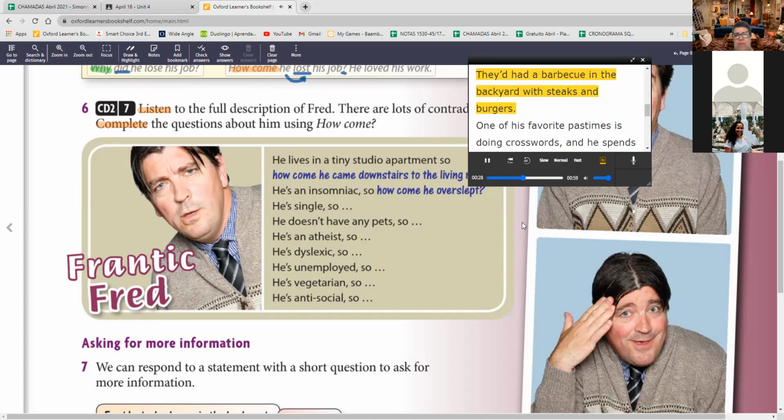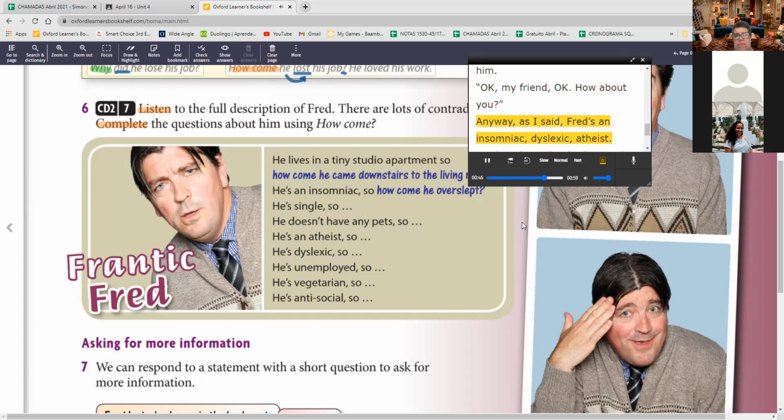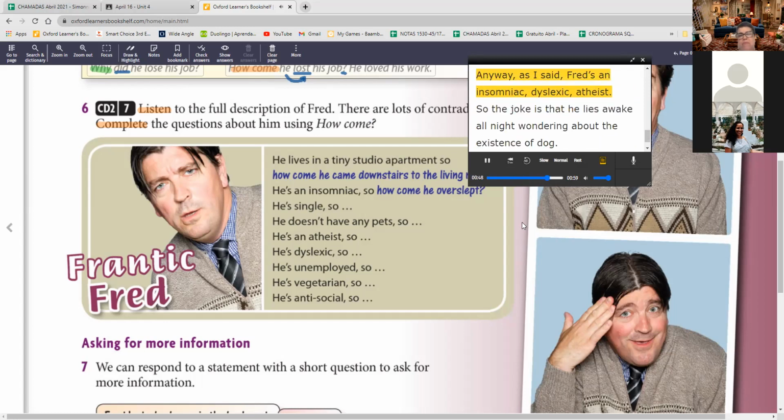They'd had a barbecue in the backyard with steaks and burgers. One of his favorite pastimes is doing crosswords, and he spends every lunch break at work doing them. So, how are you, Fred? I asked him. Okay, my friend. Okay. How about you? Anyway, as I said, Fred's an insomniac, dyslexic atheist. So the joke is that he lies awake all night wondering about the existence of dog. Get it?